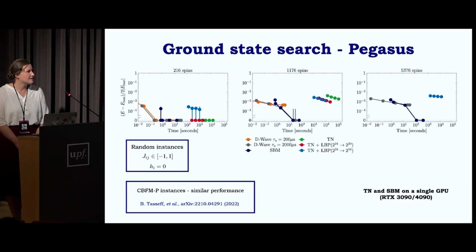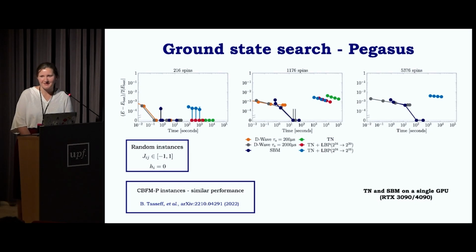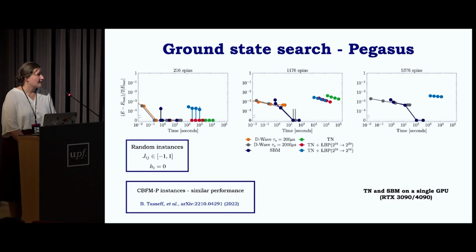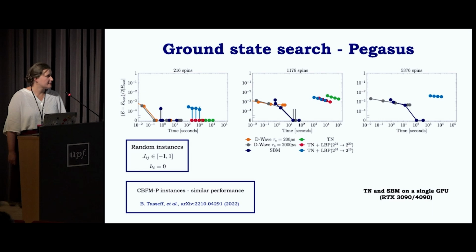Okay, so now let's move to the results part, and let's start with the ground state search. We tested both Pegasus and Zephyr instances. Here I'm showing you the results of random instances with couplings that are uniformly distributed in -1, 1 and without local fields. We also tested instances with non-zero local fields and also corrupted bias ferromagnet instances, but their performance is similar, so I'm showing you the simplest case of random instances without local fields.